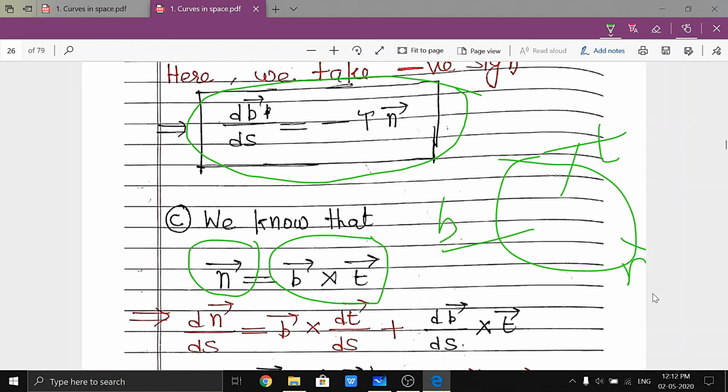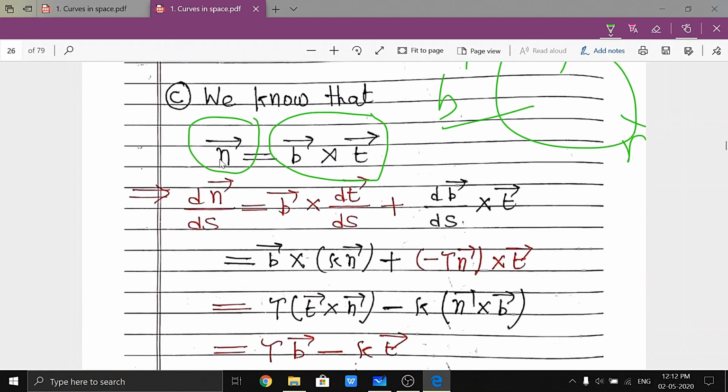So what is the N vector? The N vector will be B cross T. Now differentiate with respect to s. So this is dN/ds. First, don't change the positions, because the commutative property is not applicable in the cross product.